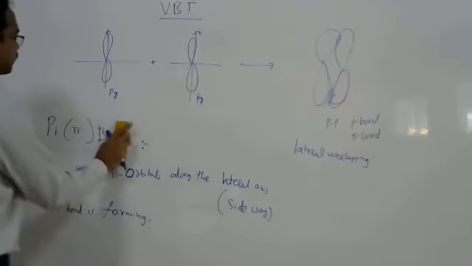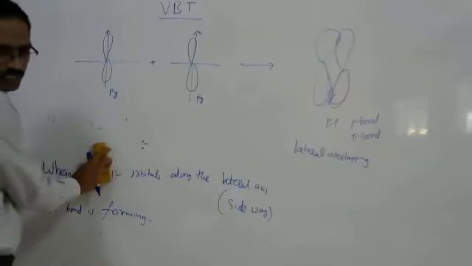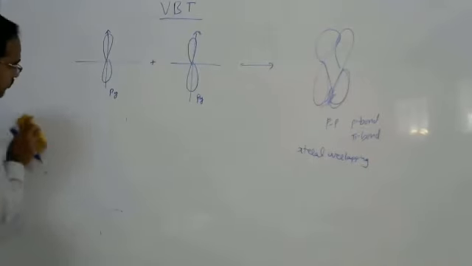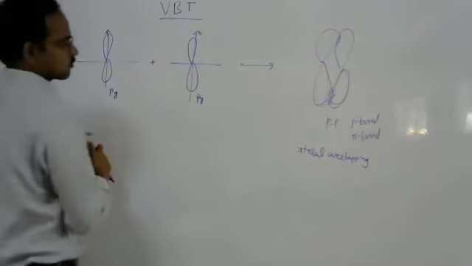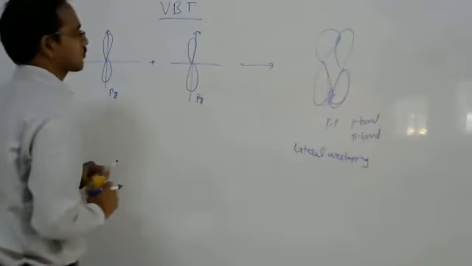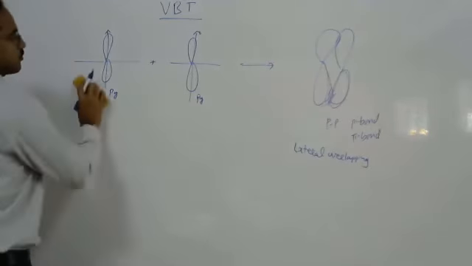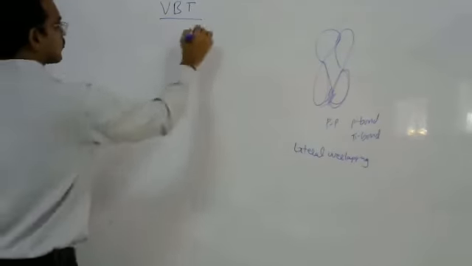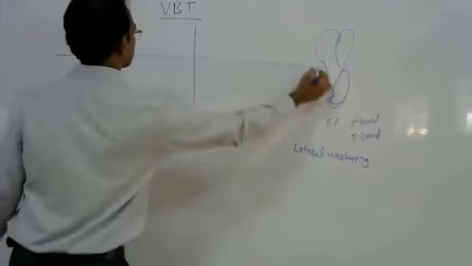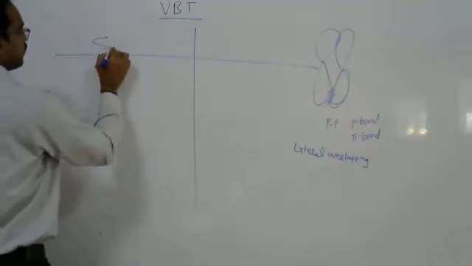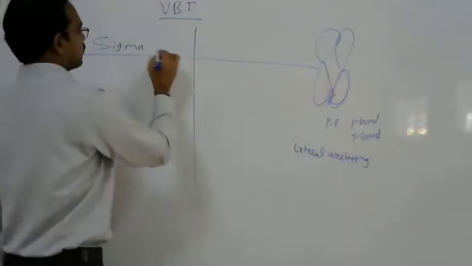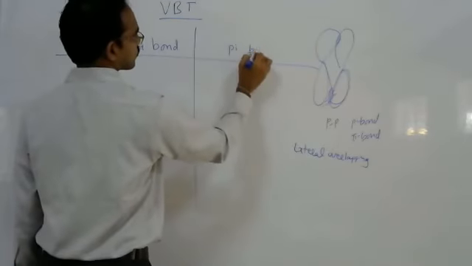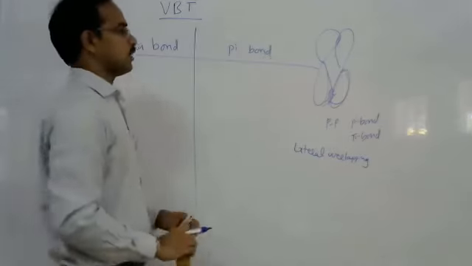Okay, next. Differences between sigma and pi bonds. Make it box. One side sigma bond and pi bond.